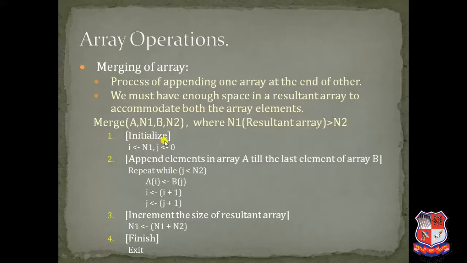In the first step, we'll initialize I to n1 and j to 0. Append elements in array A till the last element of array B. For that, I will repeat till j reaches the end of array B. I will assign A of I equals B of j and increment both pointers at the same time, I as well as j by 1.